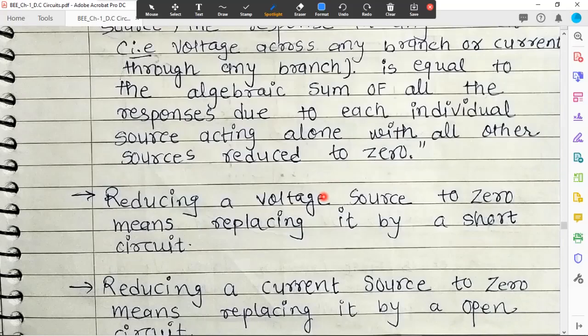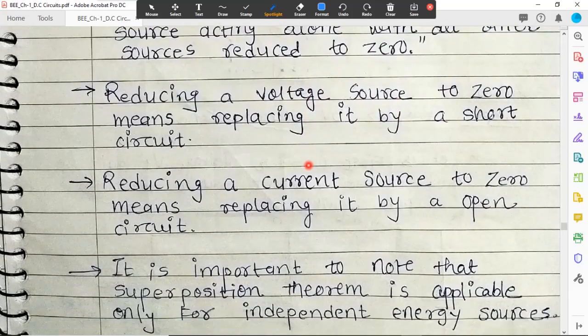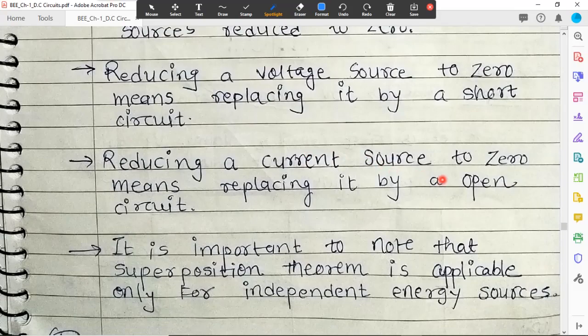Reducing a voltage source to zero means replacing it by a short circuit. Same way, reducing a current source to zero means replacing it by an open circuit. So it is important to note that superposition theorem is applicable only for independent energy sources.